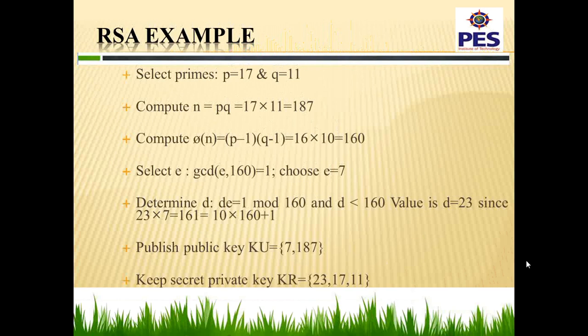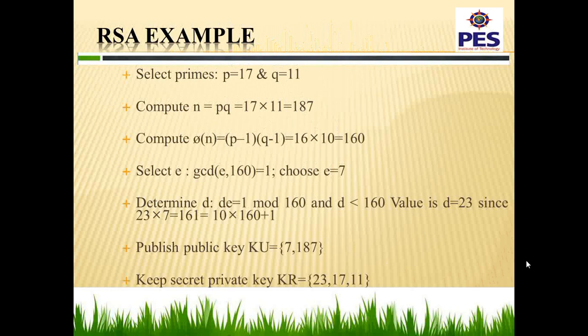So this is an example of the RSA algorithm. We are going to solve it based on the steps given for the RSA algorithm. Select two random prime numbers P and Q. Here P is 17 and Q is 11. Compute P times Q, which is 187. Compute phi, which is P minus 1 times Q minus 1, which is 160.